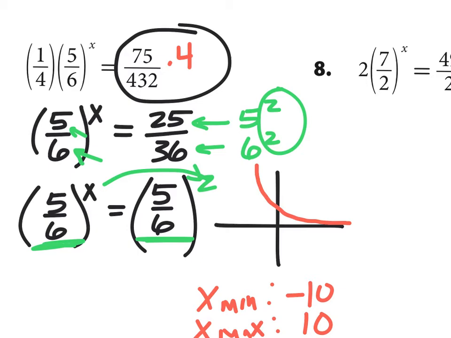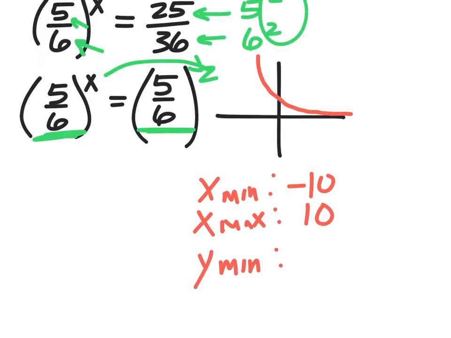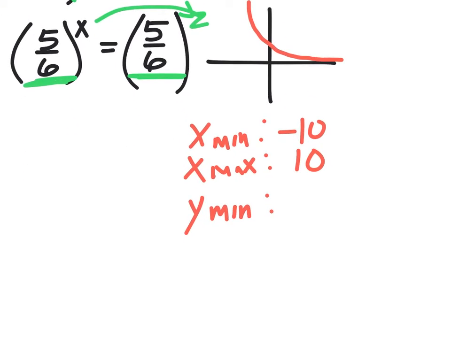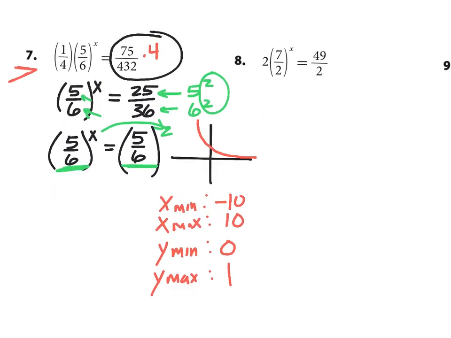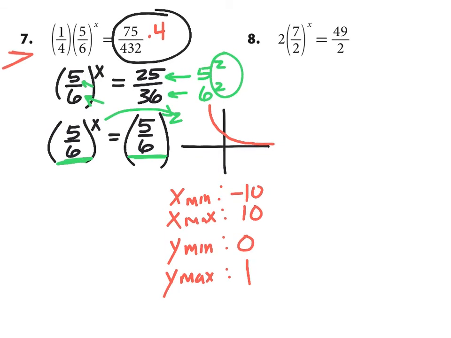It's less than 1. So if I'm thinking about my graph, I want y min to be 0 and my y max to just be 1, because that number that I've got it equal to here, that 75 over 432, is between 0 and 1.